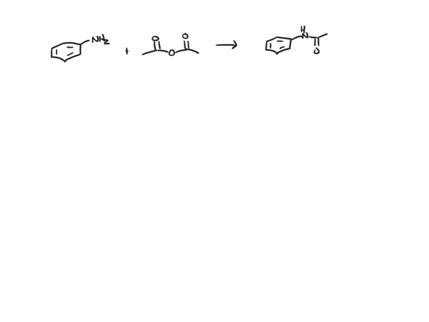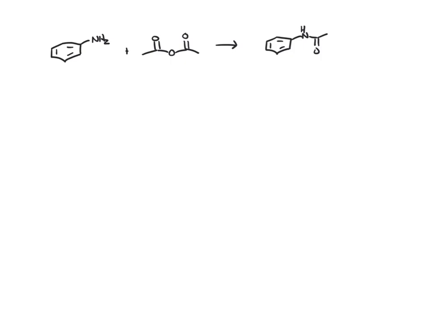We get that bulky amide group on the aromatic ring. Now this was written a little bit differently than just starting by writing the acetic anhydride and adding an amine nucleophile, but it means the same thing. We're mixing those two things together.